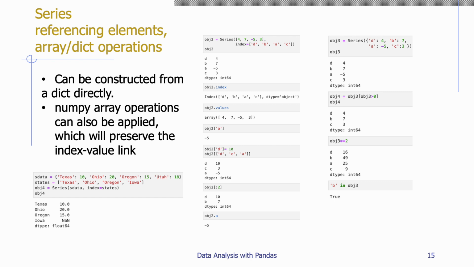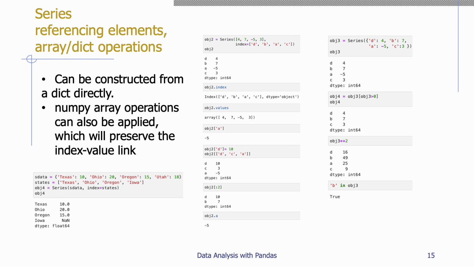The output is going to be as you see on the left hand side at the bottom, where the indexes are the states, and then you will see the output. As you see, the value for Iowa is assigned to None because it's not defined above.